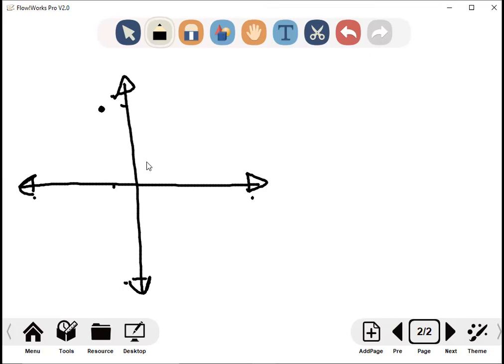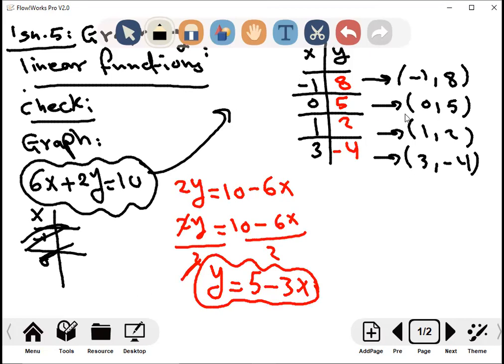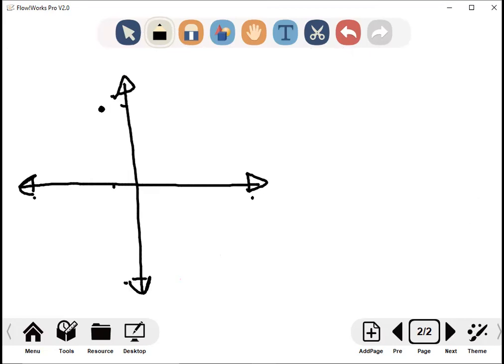All of you know how to plot points in the coordinate plane. Are you sure? Right. The second point is what here? 0 with 5. So here's 0, and here what? 5. Plot 0 with 5.